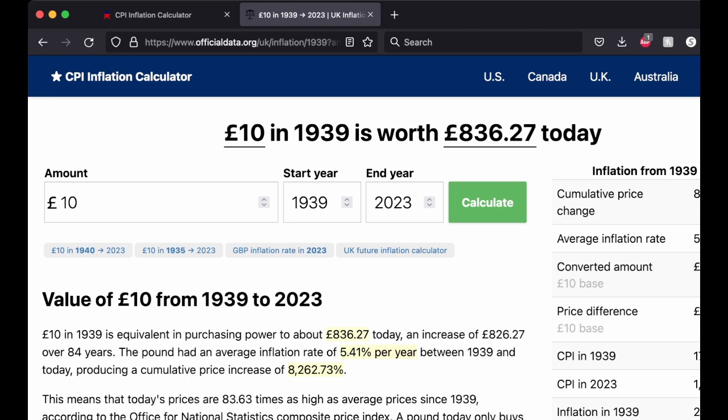Average inflation rate of 5.41 per year, and an overall price increase of 8,262.73%. So yeah, huge difference. As you can see, the inflation over time is significant.